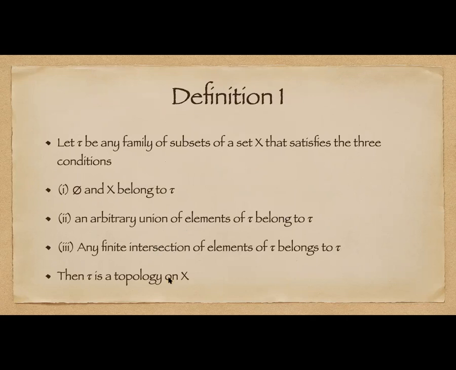Finite intersections of the elements of tau belong to tau, not infinite. We're seeing these three axioms as implemented on a discrete set so that we see these easily implementable. But of course, if we use, let's say, a manifold set, then we have to ensure that these subsets are open subsets.